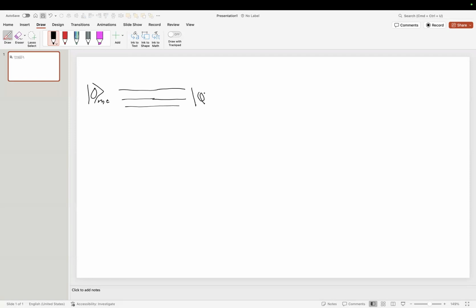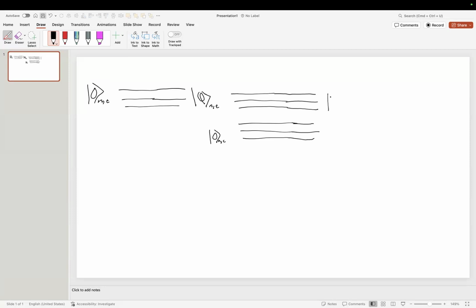Then we have a wave function. This is the control qubit.